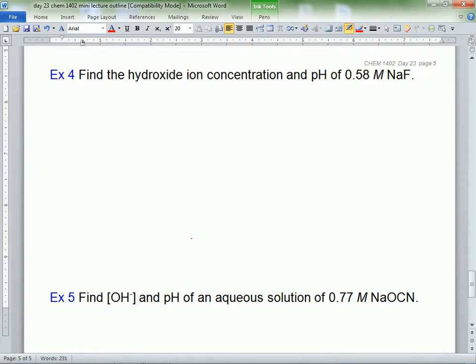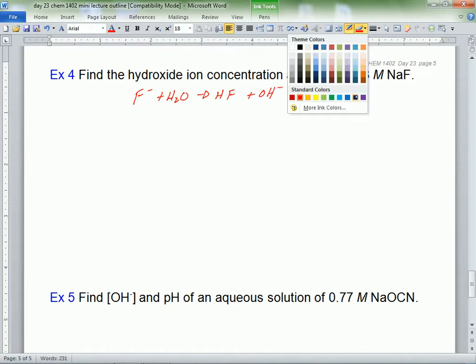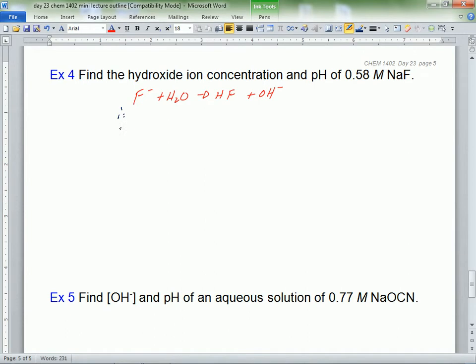You want to solve for Kb, right? Yeah, you need the Kb. You're going to need that number. You're going to have to calculate that Kb.